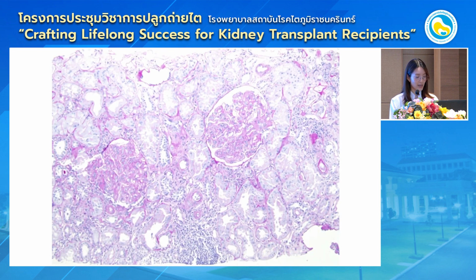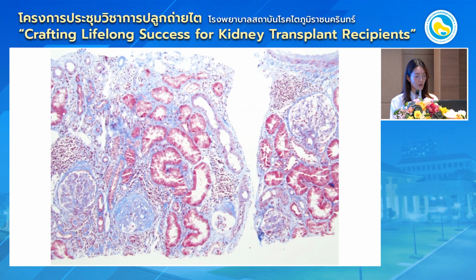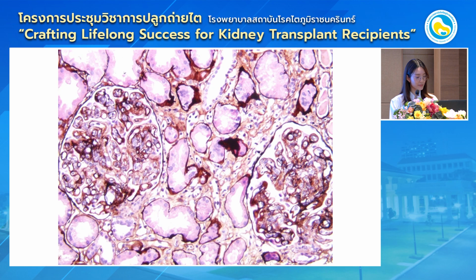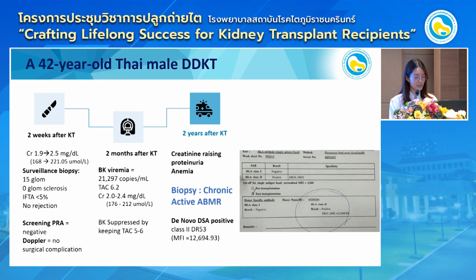This is what his allograft looks like: a lot of glomerulitis and interstitial nephritis. Also, his PTC score was 3. The anti-HLA antibody came out positive for HLA class 2, DR53, with an MFI of 12,000.